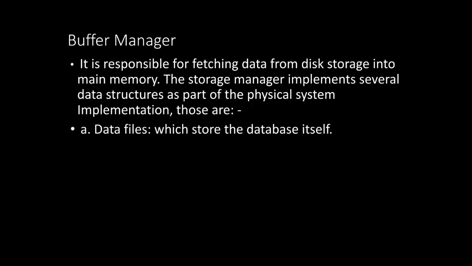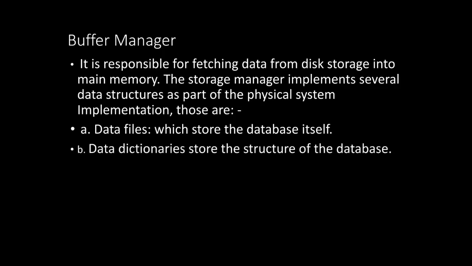So here we go with the data files. As I told you, we'll study about the disk storage in it. We have to mention the data files. What do these data files have? They have the DBMS information, the whole information of the database. Next come the data dictionaries. So what are these data dictionaries?